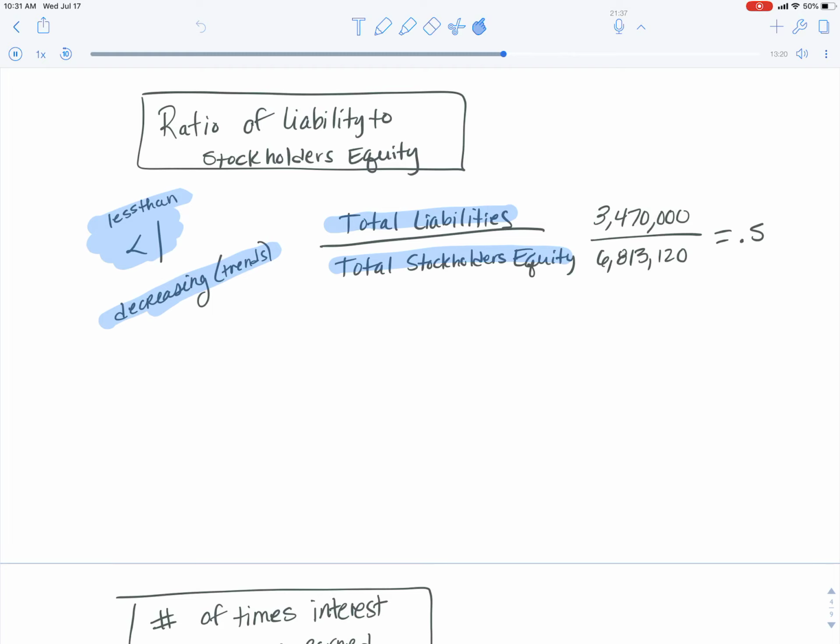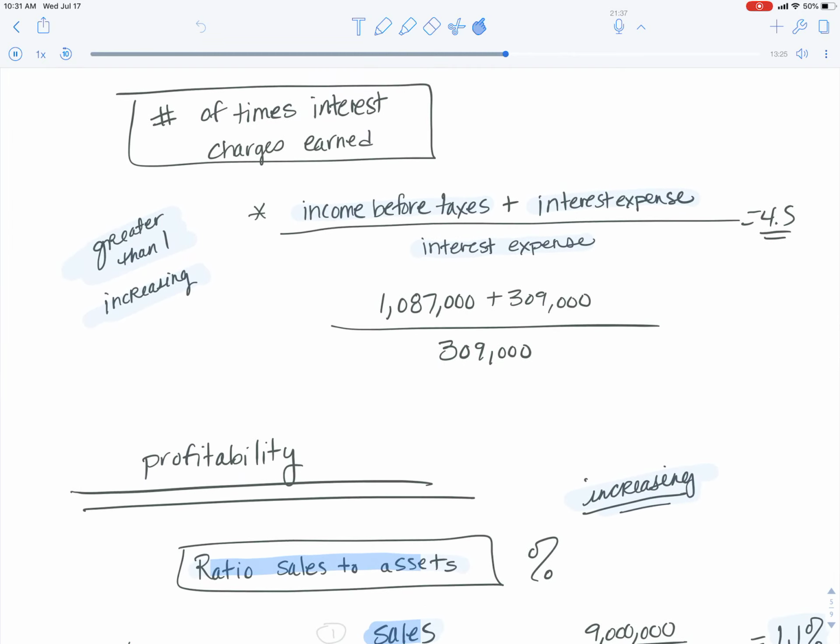Okay, so number of times interest earned is to assess the risk to debt holders in terms of number of times interest charges were earned. This is a measure of solvency. So we're trying to figure out how many times, because of the debt that we have, we earned our interest.